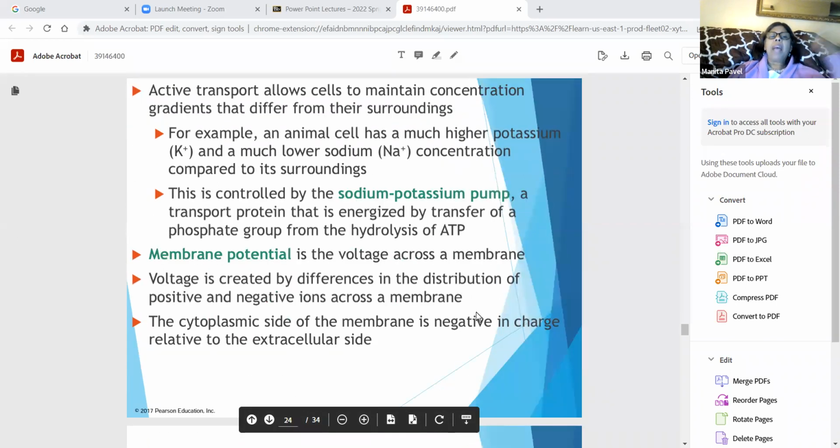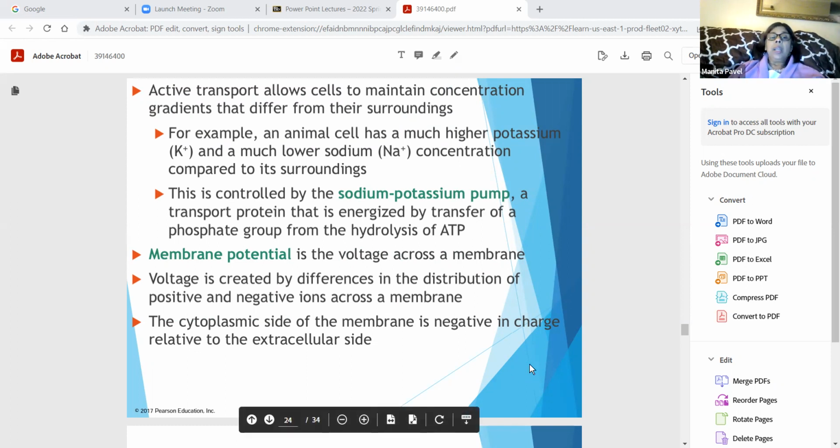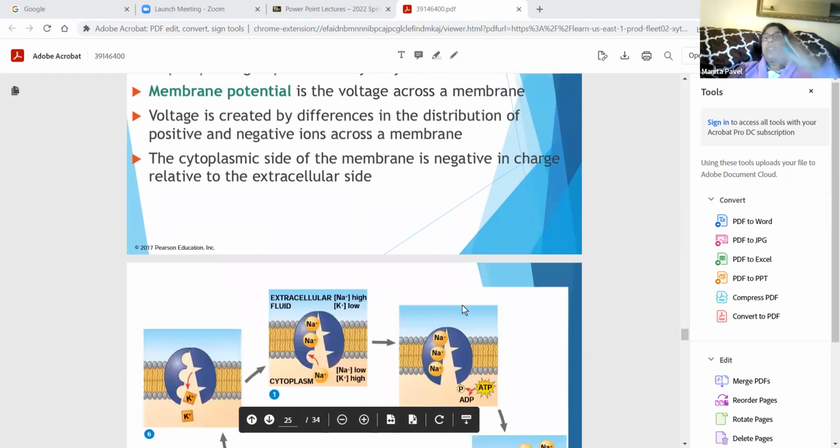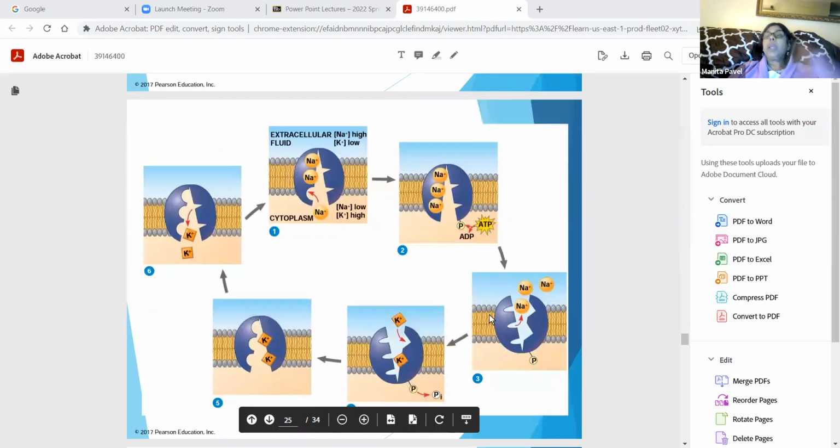And the cytoplasmic side of the membrane is negative in charge relative to the extracellular side. And that is exactly how the sodium potassium pump is operating with the help of ATP. So for every 3 sodium ions pumped out, simultaneously 2 potassium ions are pumped in with the help of ATP.